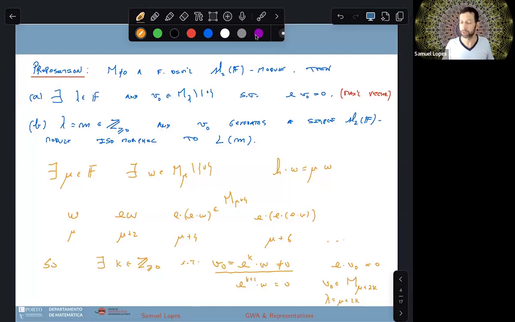So I've just produced a non-zero element v0, which is simultaneously an eigenvector for h and killed by the element e. Such an element, I didn't say this before, is called a maximal vector. So a maximal vector is a non-zero element in your module which is simultaneously an eigenvector for h and killed by e.